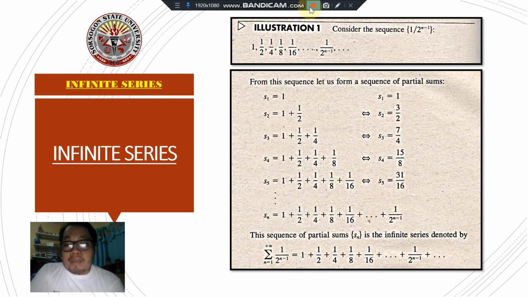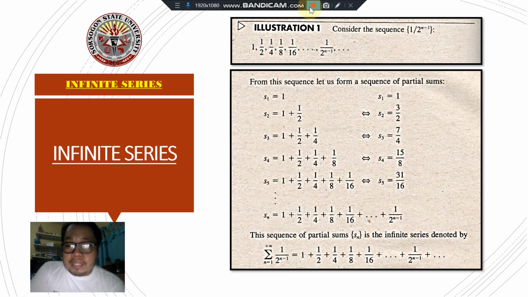Based on the definition shown a while ago, that is denoted by S sub n. What about the infinite series? With this sequence of partial sums that we have derived, the infinite series is denoted as the summation of 1 over 2 raised to n minus 1, where n equals 1 up to positive infinity.